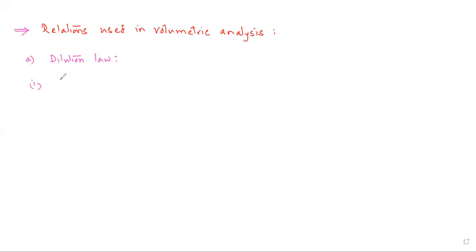In this, the first one is for molar solution. Now, even in this also we have two cases. The first one is M1V1 is equal to M2V2.